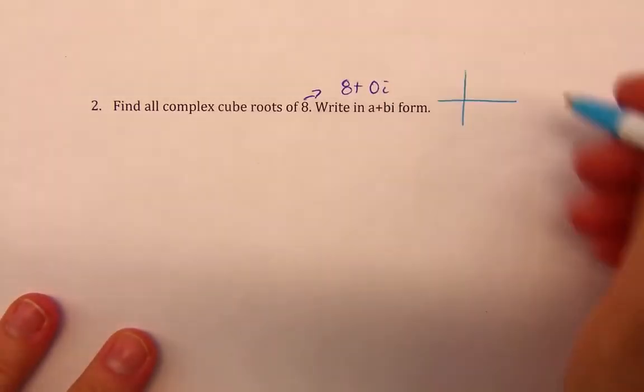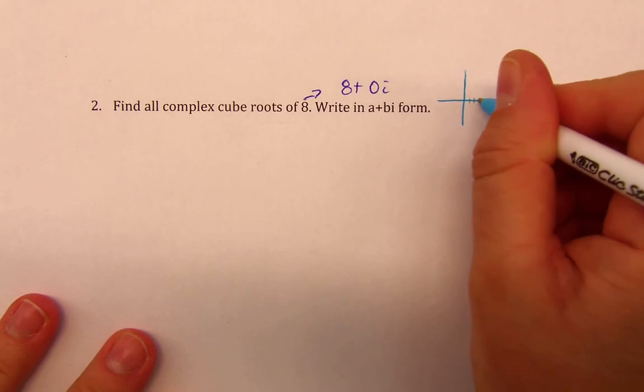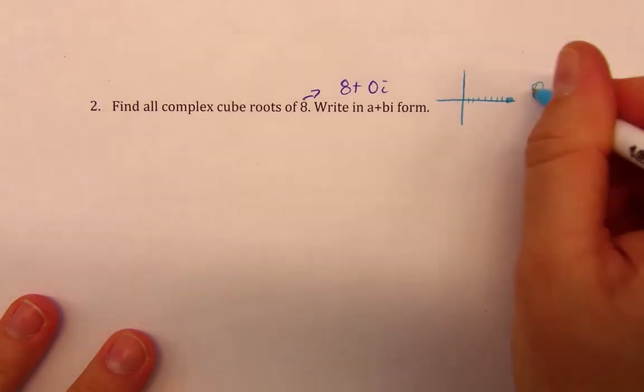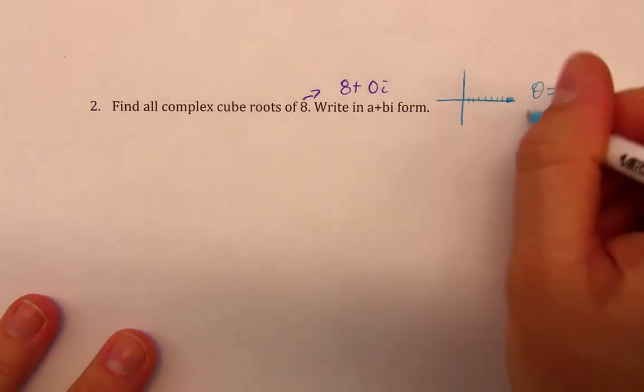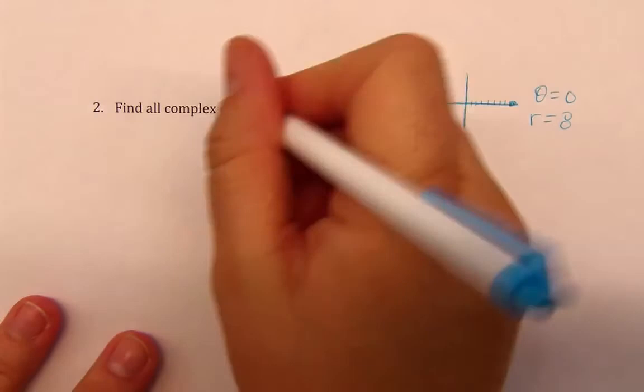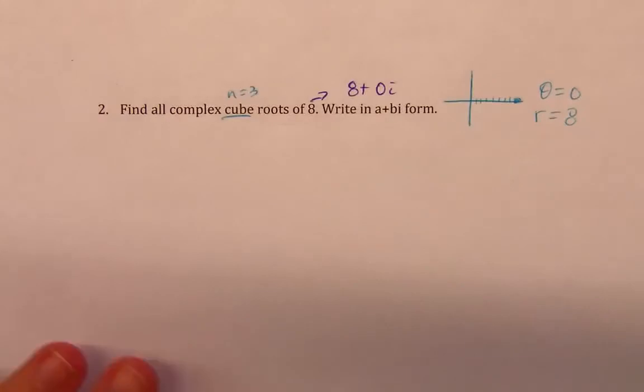So 8 real, 0 imaginary is out 1, 2, 3, 4, 5, 6, 7, 8 right here. So theta is 0. My r is 8, and I want to find all of the cube roots of 8. So my n equals 3.